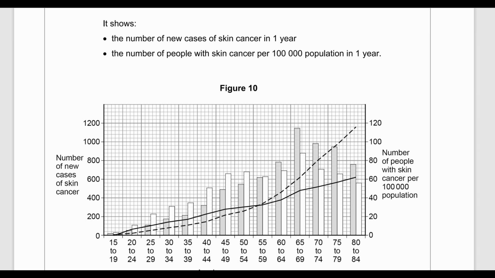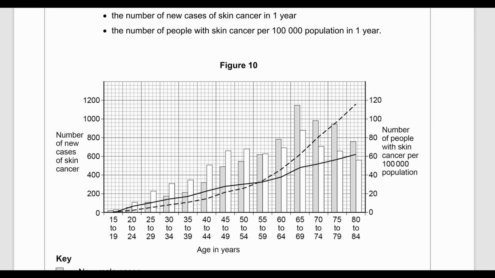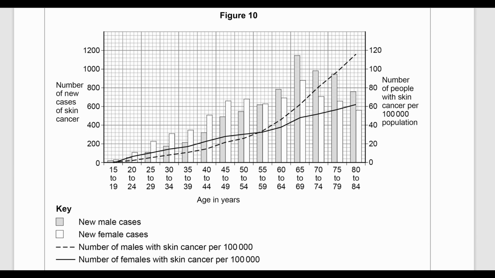So that means that we've got a lot of data that we need to analyze carefully. A key is given to us. The bars are representing new female and new male cases, and the lines represent the number of males and females with skin cancer per 100,000. So what we can do with this key is figure out which axis is responsible for which part of the graph.